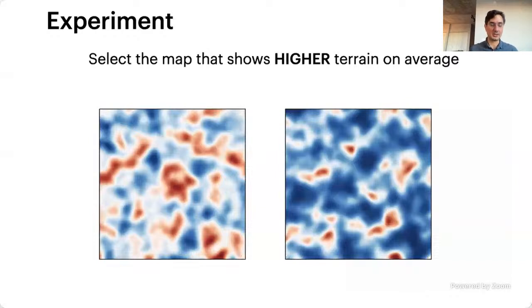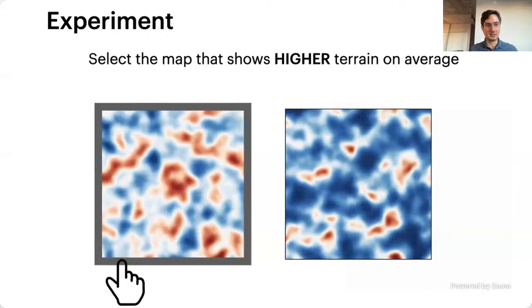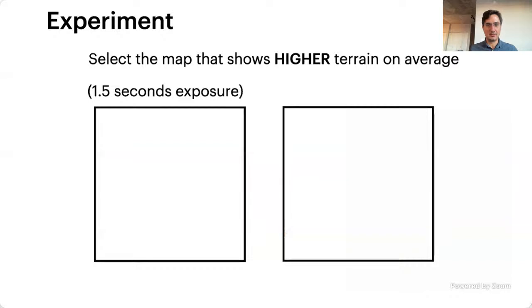I'm sorry, higher mean. So that would be this visualization in this case. Now, the challenge with this task is that we only expose the visualizations for a second and a half, essentially to try to force participants to come to these quick summary percepts rather than attending to individual features within the visualization.